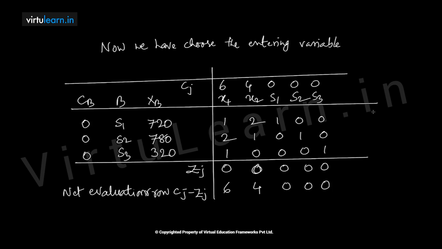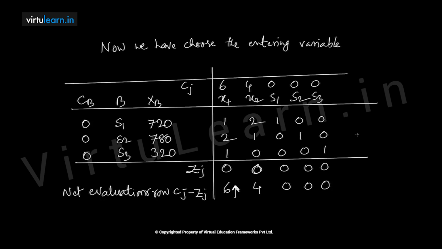Now 6 would be our obvious choice. We'll mark it with an arrow because 6 rupees is better benefit. So first of all we introduce the variable which relates to x1.